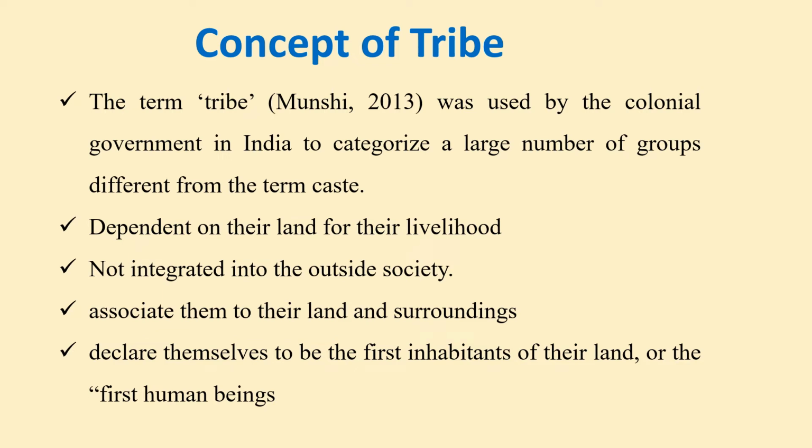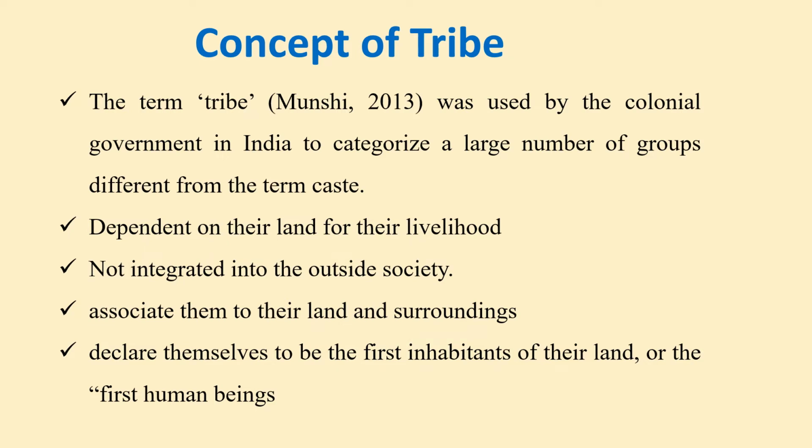A tribe is a group of distinct people who are dependent on their land for their livelihood, who are not integrated into the outside society. The tribes call themselves by names which associate them to the land and surroundings.